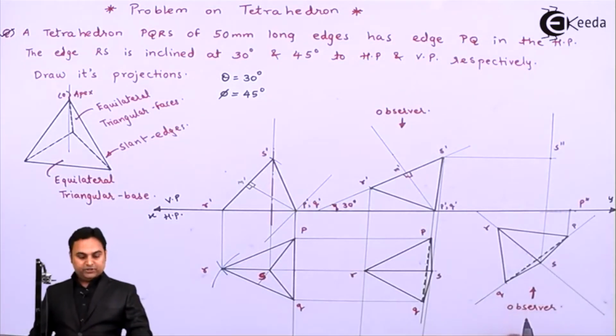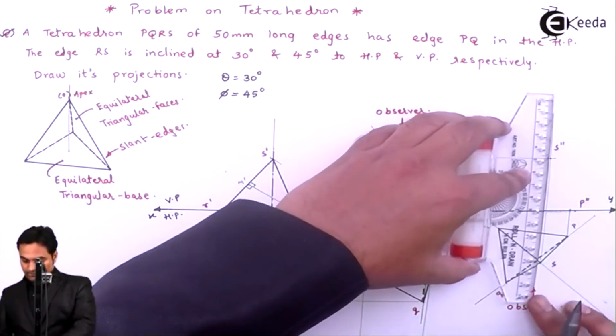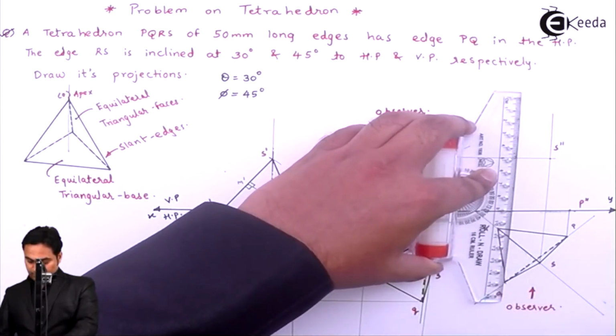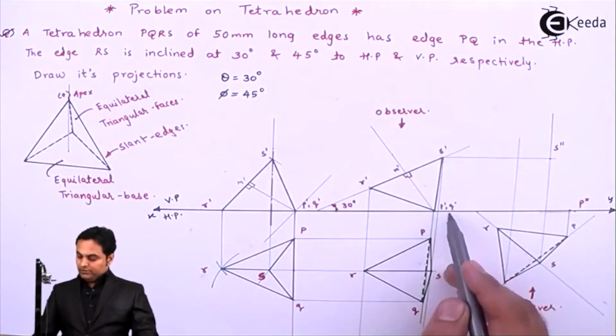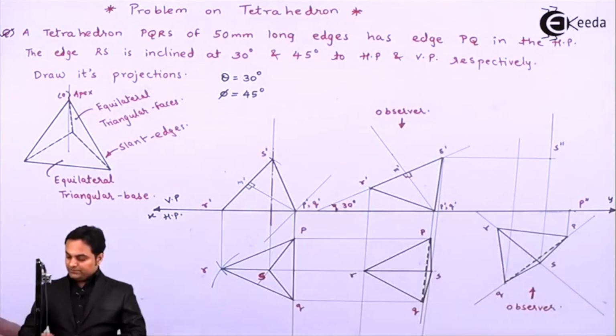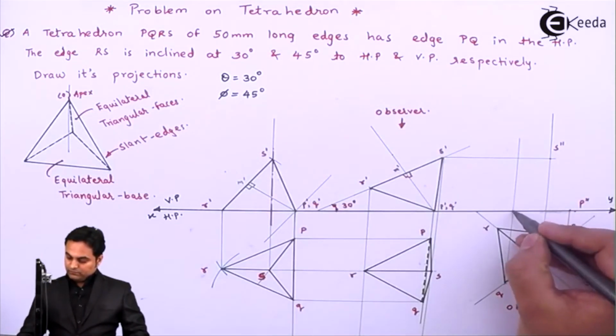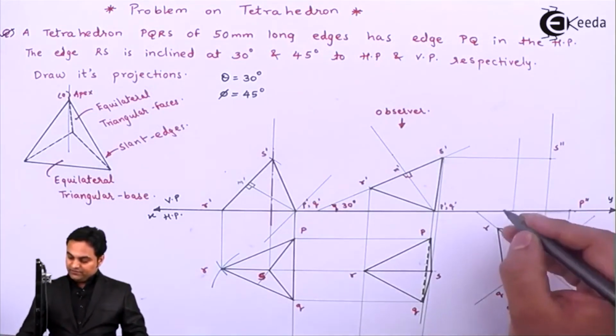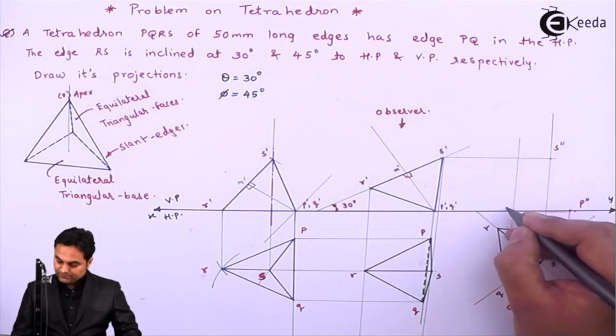Next, point Q, here point Q and Q dash, wherever they intersect, that gives us Q double dash.